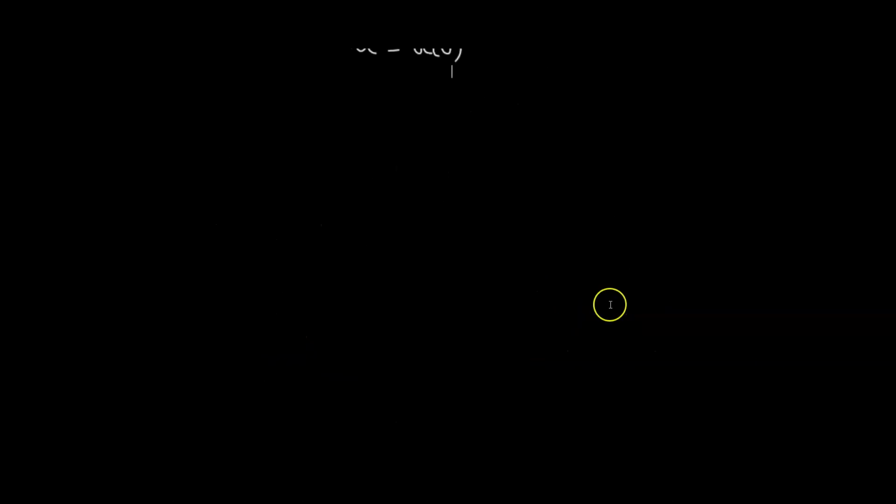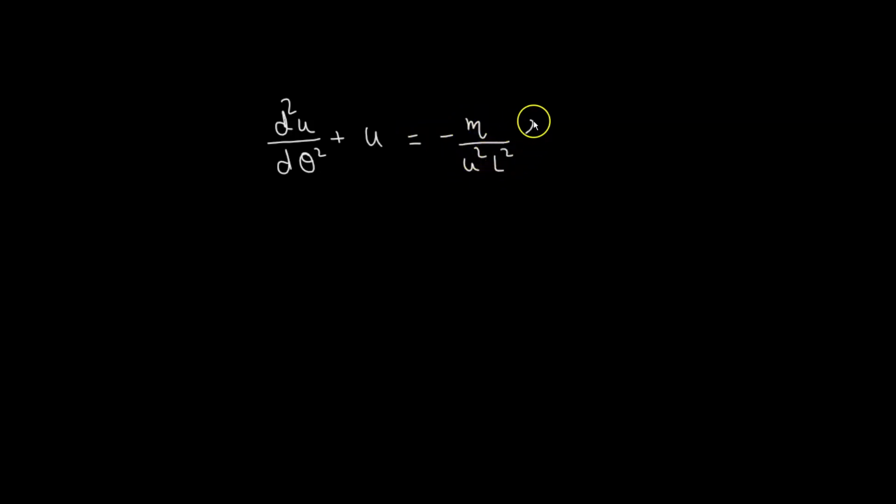So we have two differential equations. One is given by d²u/dθ² + u = −(m/L²u²) f(u).